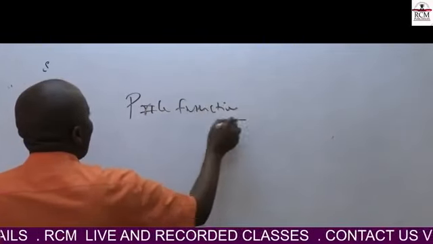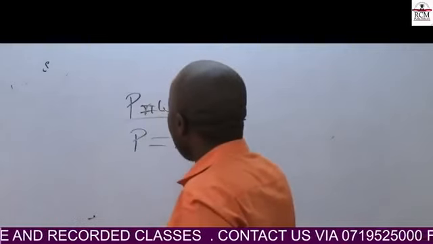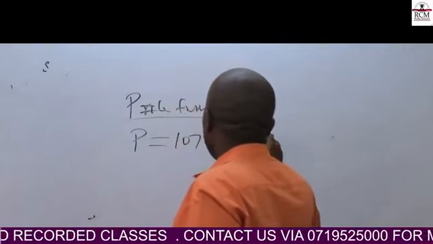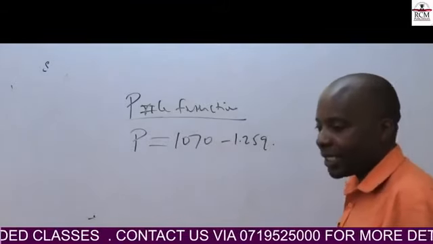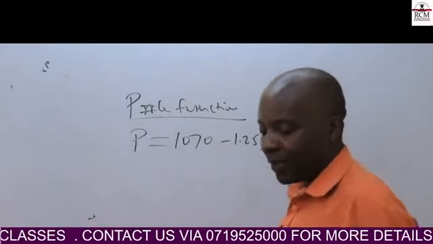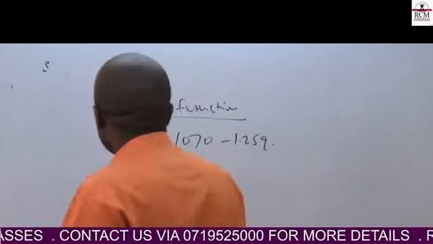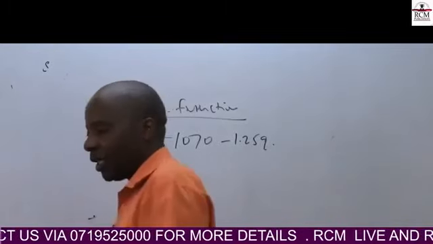Unfortunately, you guys had given me the price function up there. Was it 1070 minus 1.25Q? Yes, thank you very much. So in this case, they want me to give them the price elasticity when quantity equals what? Let's see the question.